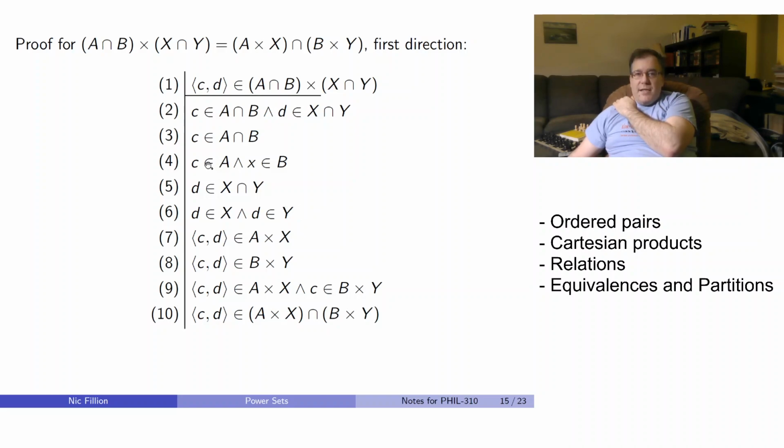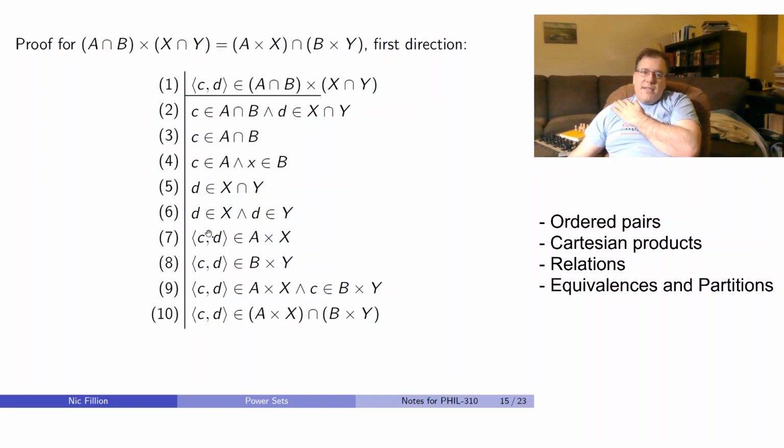But now you have the following. You have C is in A, and furthermore, D is in X. So by membership condition of Cartesian products, that tells you that the pair CD is in A cross X. Furthermore, you have C is in B and D is in Y. Membership condition tells you the pair CD is in B cross Y. Easy.